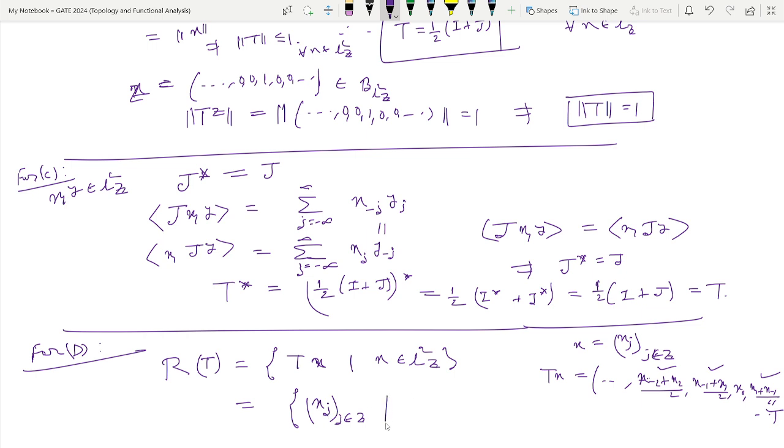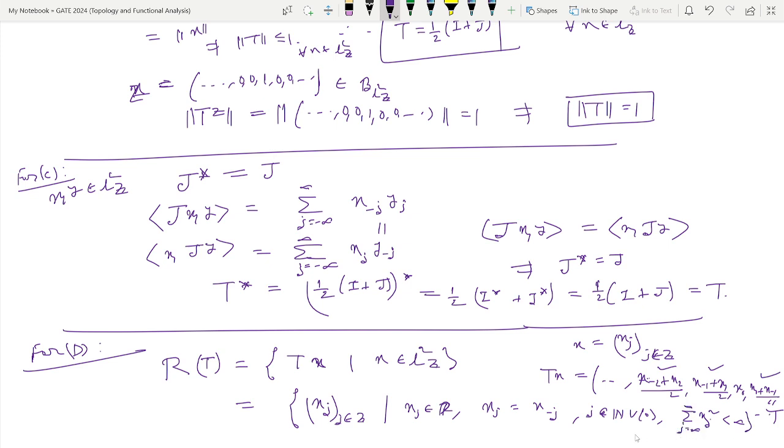such that all such x_j belong to R, with x_j equal to x_{-j}, j belongs to the natural numbers union the singleton 0, with the summation of x_j squared, j from minus infinity to infinity, less than infinity.